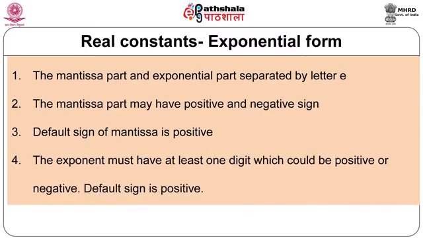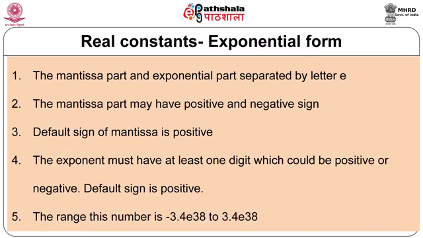The exponent must have at least one digit which could be positive or negative. The default sign of the exponent is positive. The range of numbers is minus 3.4E38 to 3.4E38. This is valid for a 16-bit compiler.